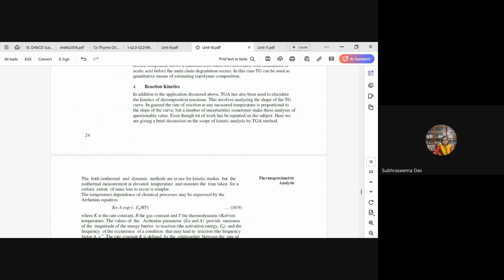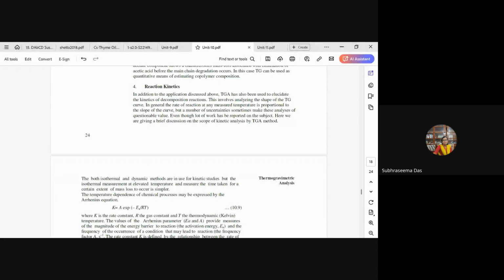Then coming to the study of kinetics using TGA curves. TGA curves have also been used to understand the reaction kinetics happening inside a reaction. This involves analyzing the shape of the TGA curve. In general, we know that the rate of a reaction is proportional to the slope of the curve.